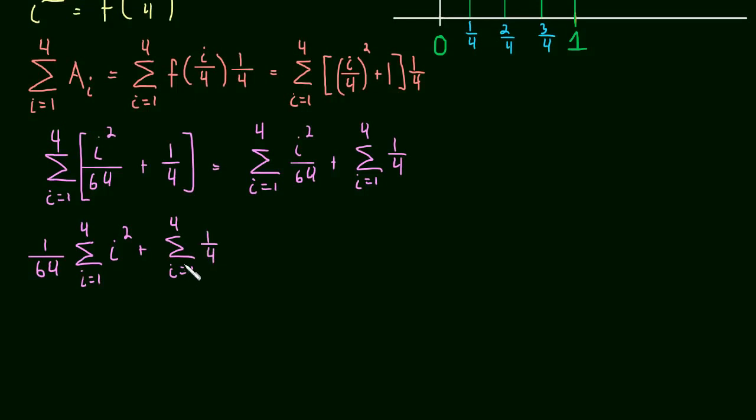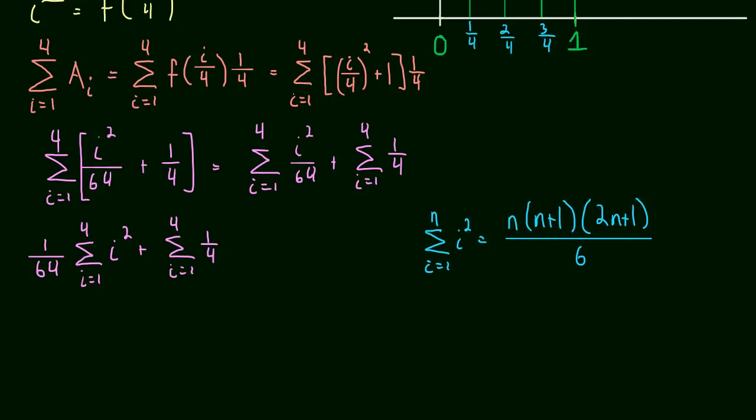And now there's not too much left to do. Let's remind ourselves, what's the sum of i squared? So the sum as i goes from 1 to n of i squared is equal to n times n plus 1 times 2n plus 1, over 6. This is something you're going to want to know come test time, that formula. And so instead of n's, we have 4's.